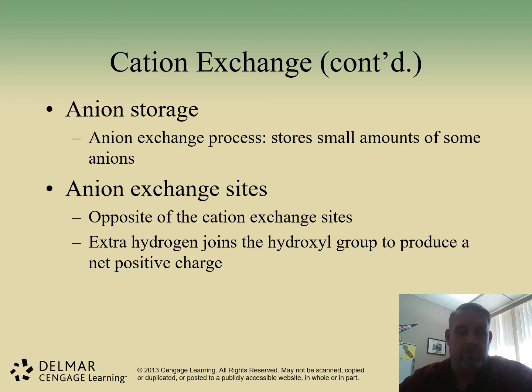Now, that is prevalently known because most of the elements that plants utilize are cations, and that is one of the things that you need to consider when you are looking at nutrients and how this cation exchange capacity works. There are more cation nutrients than there are anion nutrients.